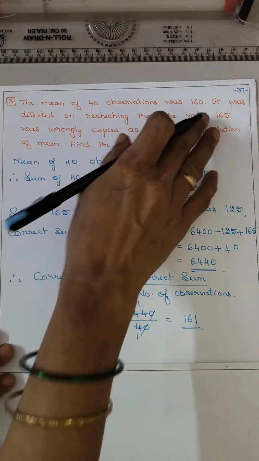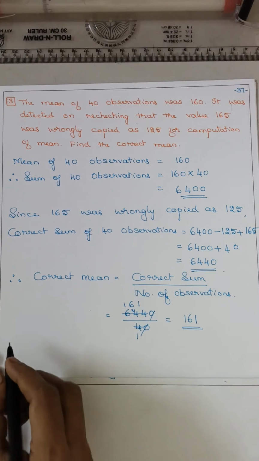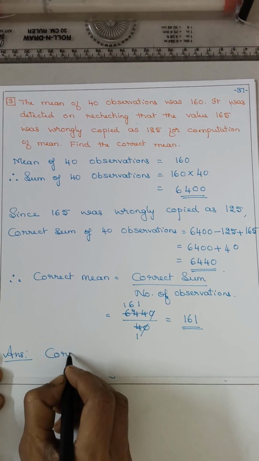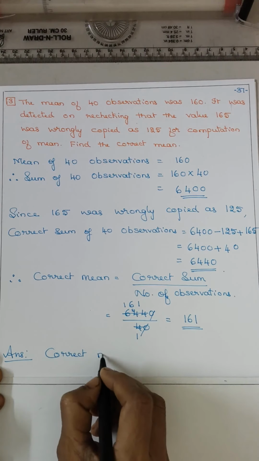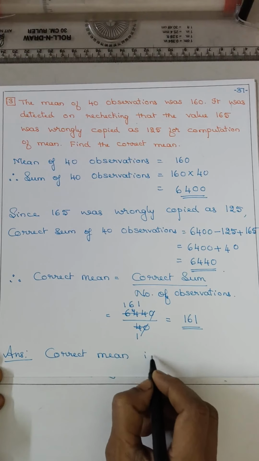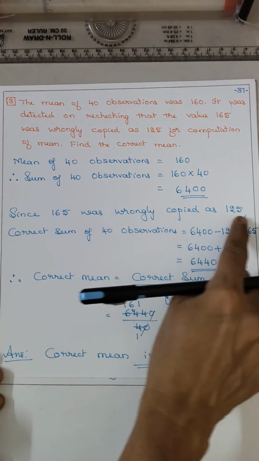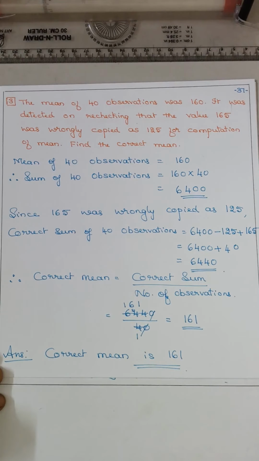So earlier the mean was 160. Now the correct mean is 161. Hope you understood. This statement, it is important. You have to understand that. So first mean of 40 observations is given.